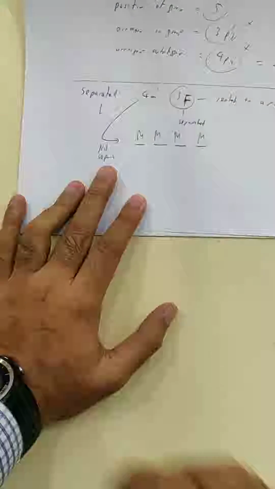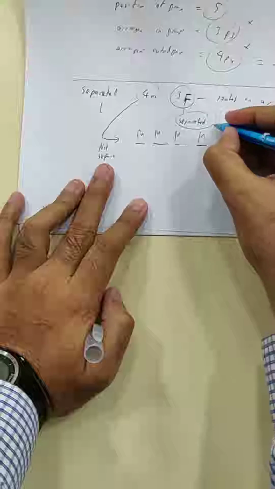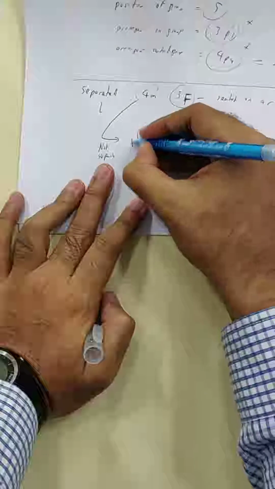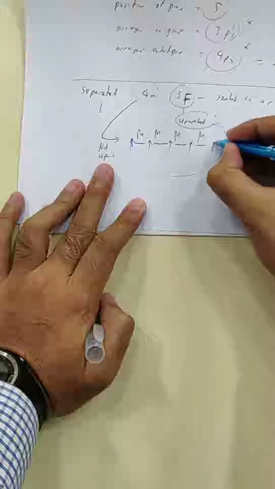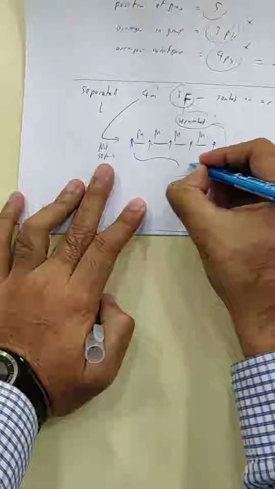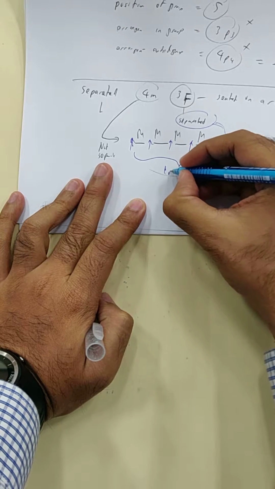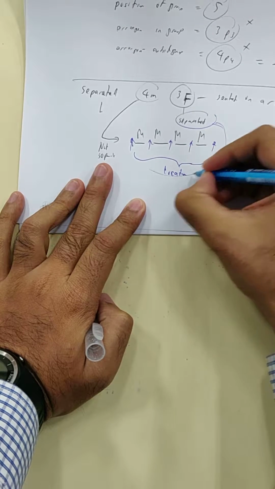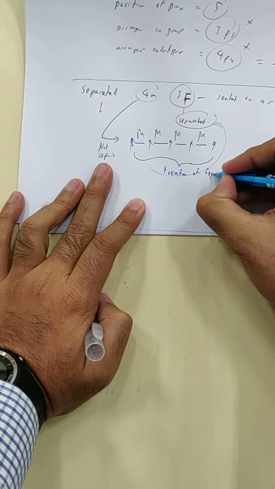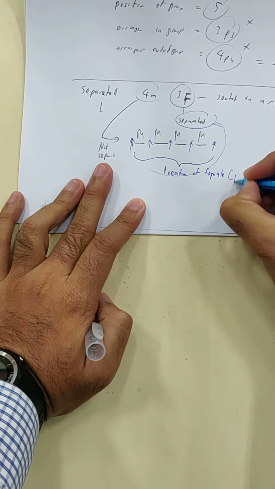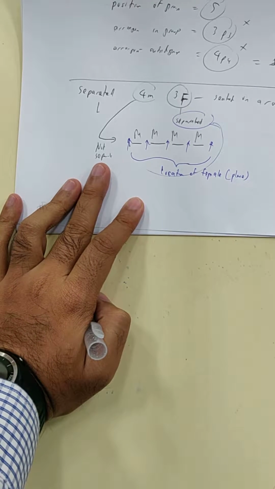Okay, now we need to know the location of the females. It is either here, here, here, here, here. So this blue is the location of the females, or in other words, the places for the females. Are you okay?